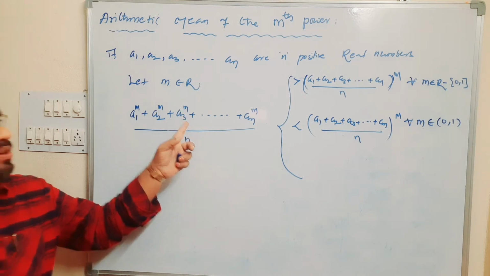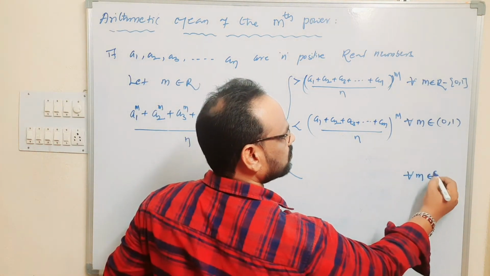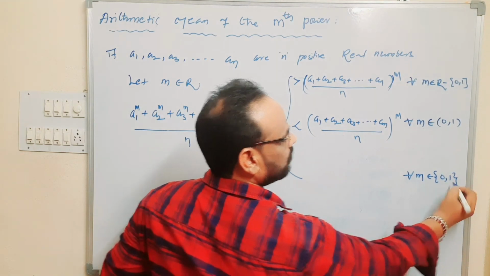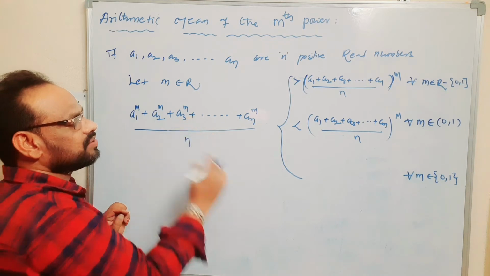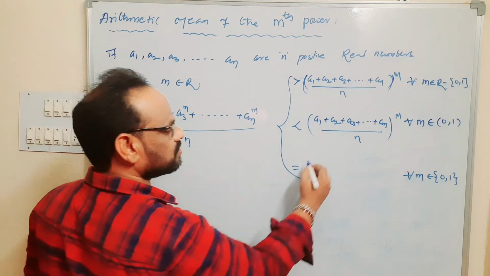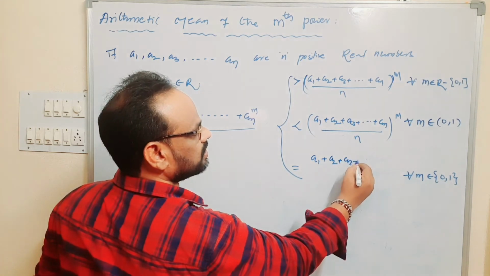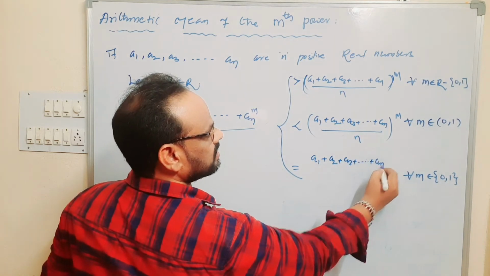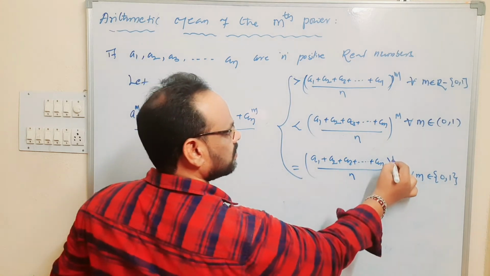Again, if m belongs to 0 or 1, this value is always equal to (a1 plus a2 plus a3 plus and so on plus an) by n, whole to the power m.